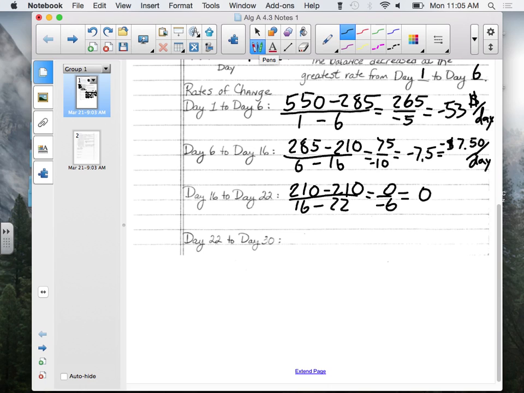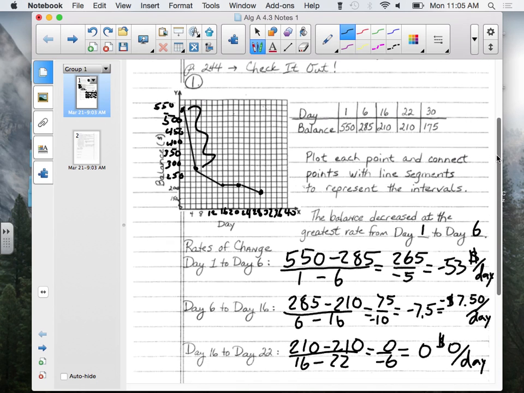So that's 0, and then our rate is $0 per day, right? So if we look at the graph, that interval is right there, those 2 points. There's no change in the y value, is there? It just goes straight across. So it's staying the same even though time is going forward. So for that interval, $0, it stays the same for 6 days, right?